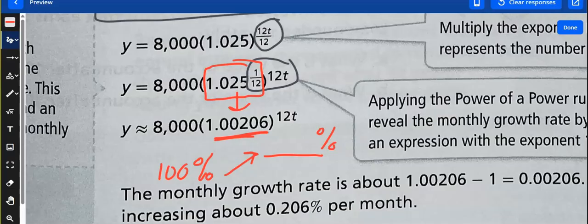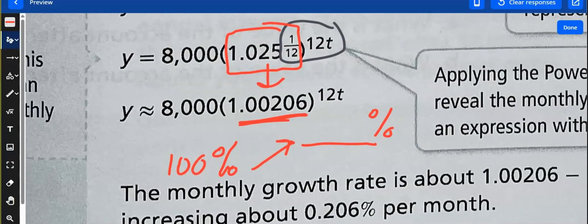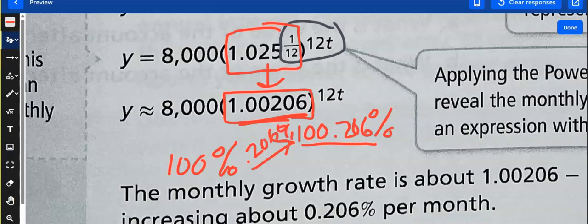Convert that back to a percent. What is that number as a percentage? 100.206. What percent is it increasing every month? 0.206%.